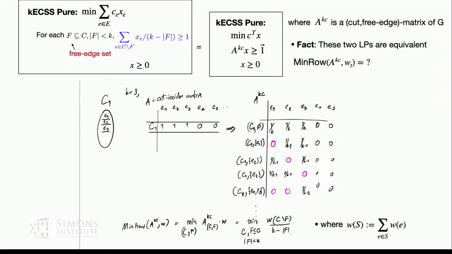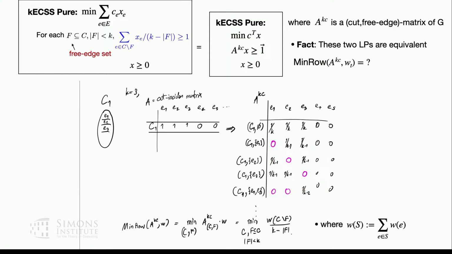Now, it's also instructive to take a look by inspection at what the constraint matrix of this strengthened version of the LP would be. So let's fix some cut that contains 3 edges, for example. In the matrix A, the cut incident matrix would look like this, with 1, 1, 1 on the first 3 columns. And if I add 0 free edges, it means that I need to satisfy k, right?